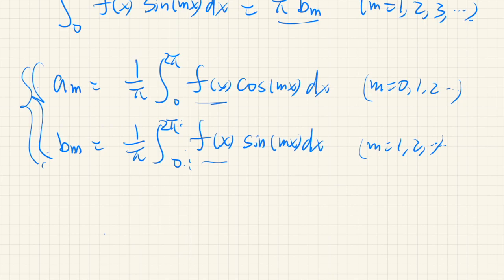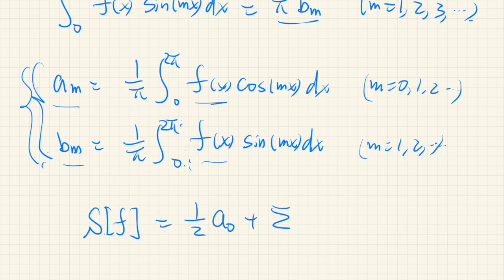Using these coefficients, we can define the Fourier series: a0 over 2 plus the sum from 1 to infinity of an cosine nx and bn sine nx.